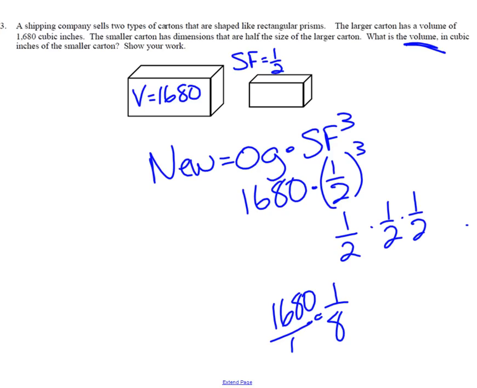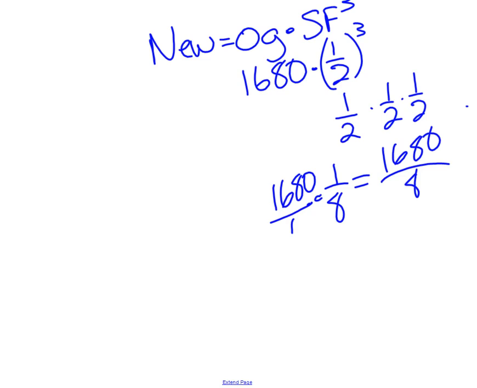If you're not sure why that is, you can always multiply straight across first and get 1680 over 8. And then you have a fraction, so to simplify a fraction you use TIBO, which is top in, bottom out. And that looks bad because it's a 4-digit number, but 8 goes into 16 twice.